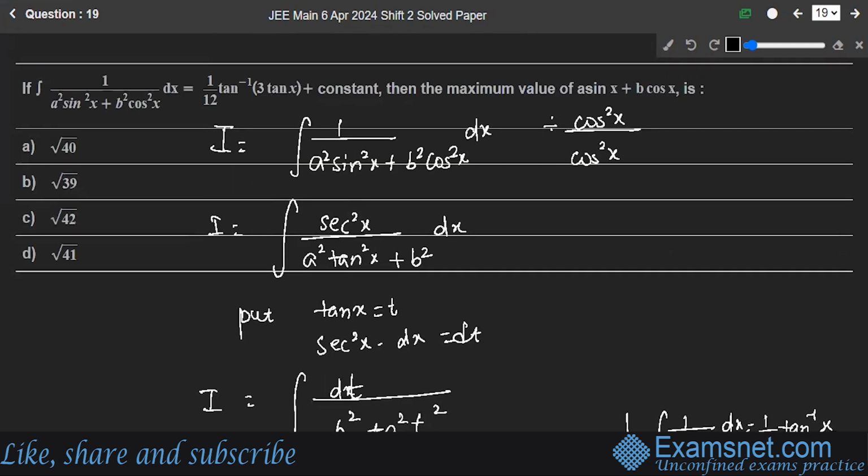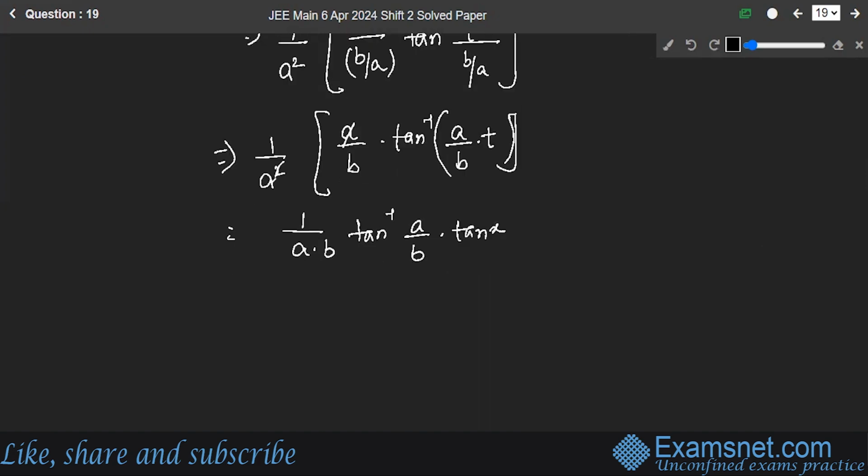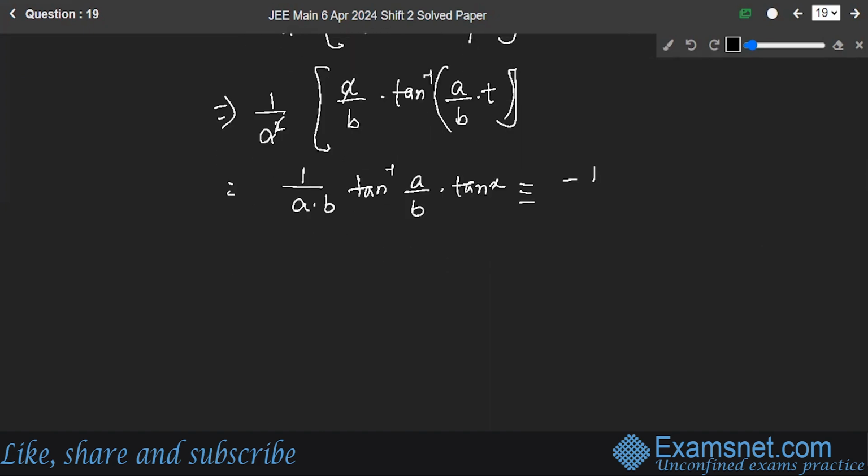Correct. Now let's compare it with this given equation. This was equivalent to 1 upon 12 tangent inverse of 3 tangent x. Here is plus c, the constant, because I have opened the integral. And this is tangent inverse of 3 tangent x plus the constant c. So comparing it, you will have ab is equal to 12.